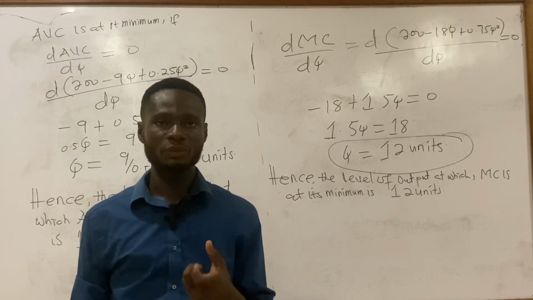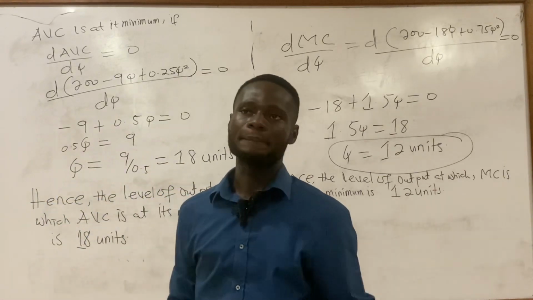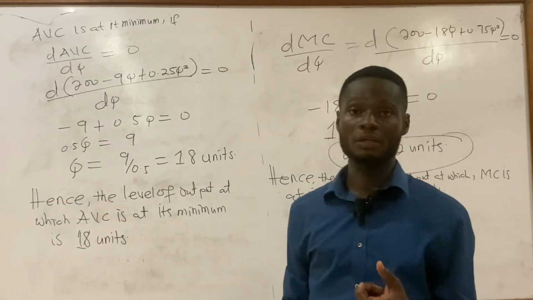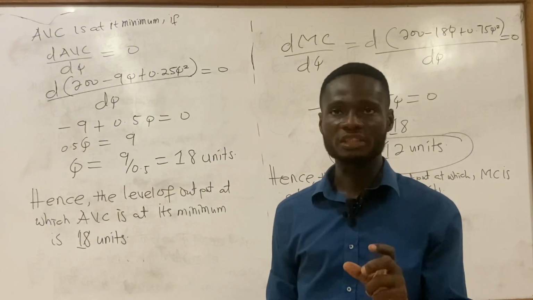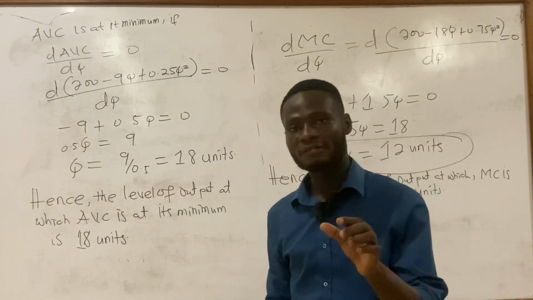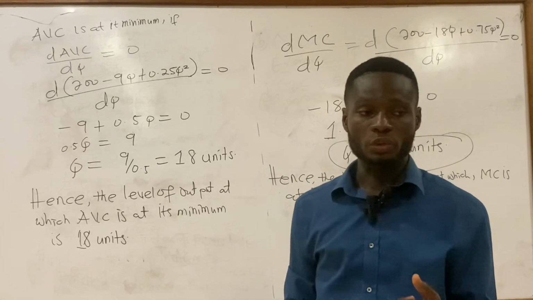All right, you integrate the marginal cost function and then you arrive at the total cost function. With that, you'll have a constant of integration, and that constant of integration will represent your total fixed cost.